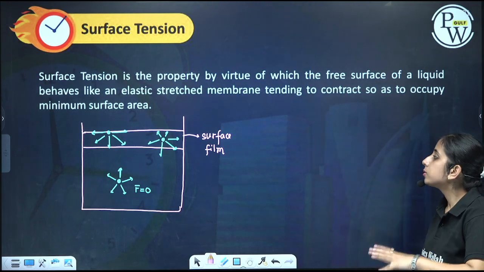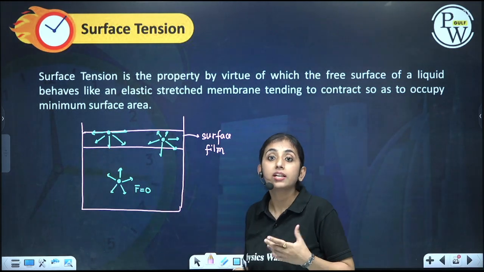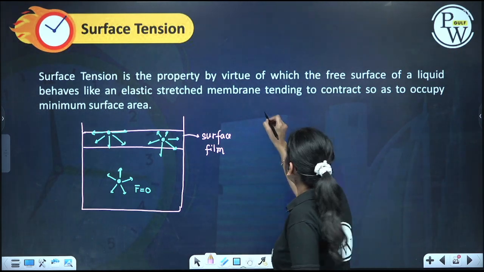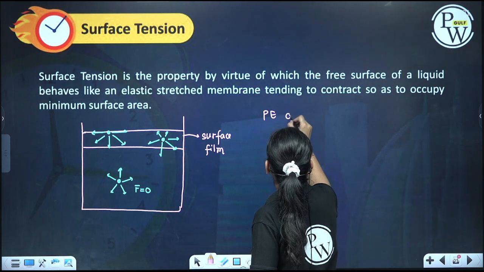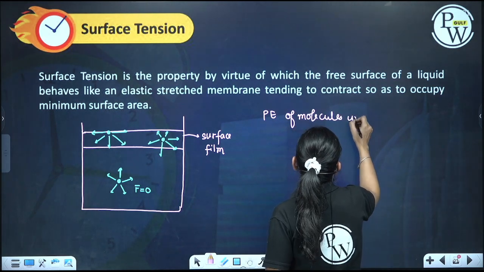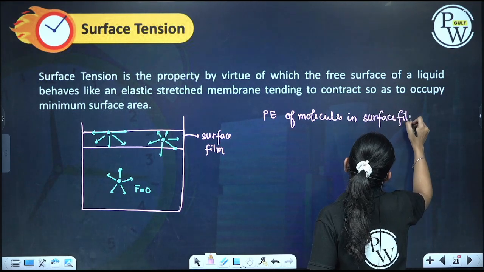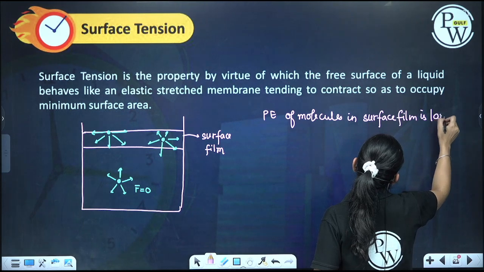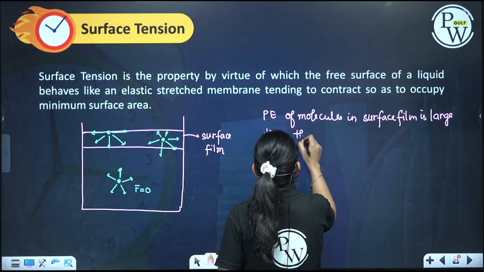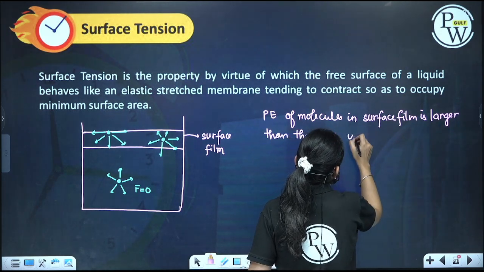Due to the net downward force, the potential energy of molecules in the surface film is larger than that of the ones in the interior.